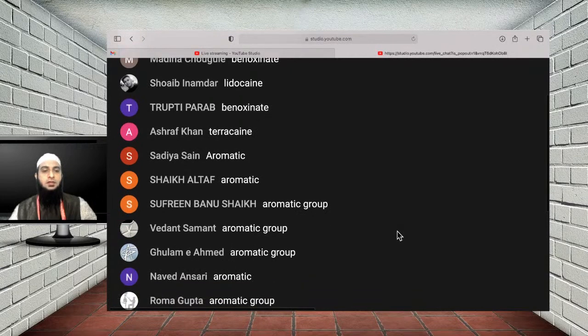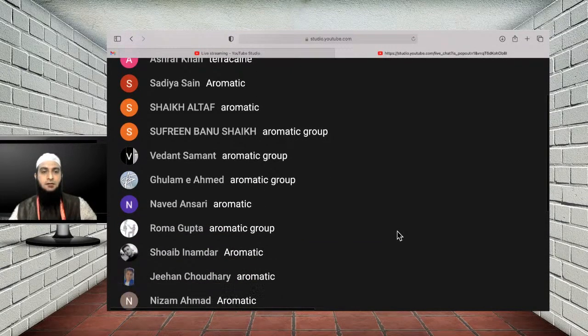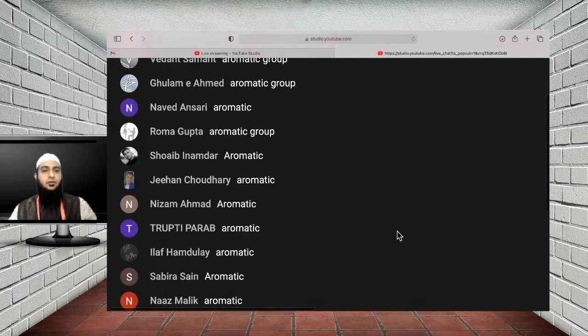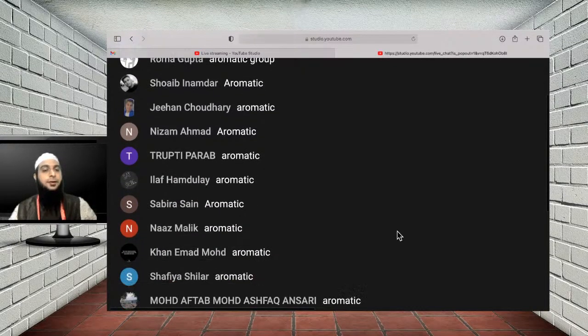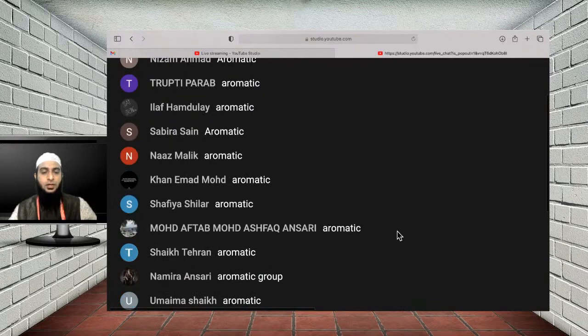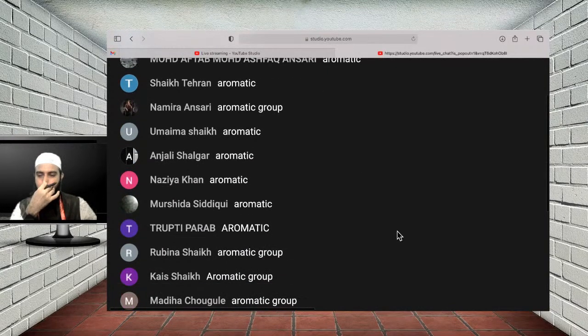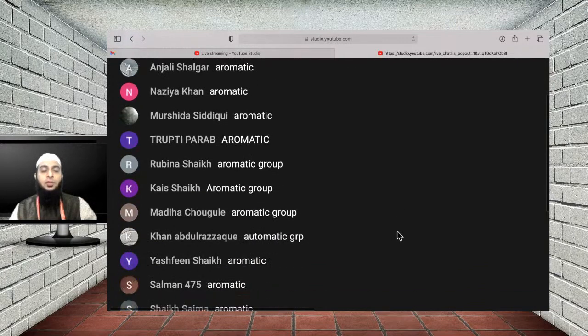Okay, I have seen Shah Altaf, Sadia, Sufreen Banu, Vedant, Ghulam Ahmad, Roma. They have mentioned the aromatic group. So it is the aromatic group which basically contributes to the lipophilicity of local anesthetics.